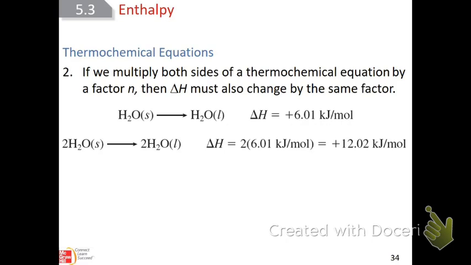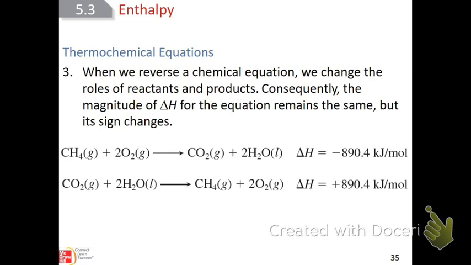What if instead of a combustion reaction, what if we wanted to try to make some methane gas from carbon dioxide and water? Can you see that where the combustion reaction to produce carbon dioxide and water was exothermic? It gave off heat. Now, if we reverse the reaction, it becomes endothermic. You have to add energy to make that happen. Okay?